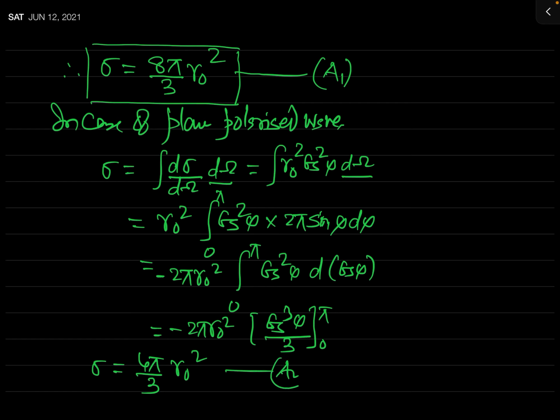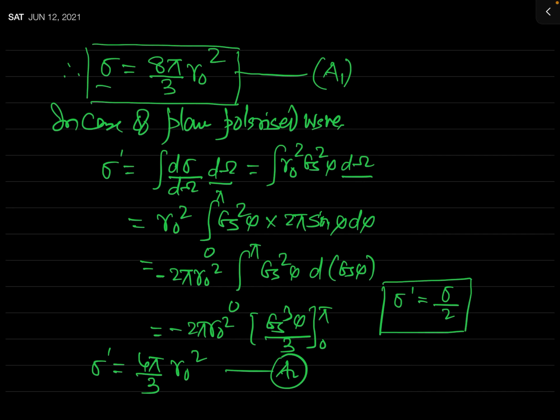So you can compare these two results. If we denote this scattering cross section by the symbol, let us say σ', to differentiate it from this σ, then you can see that σ' is simply equal to σ over 2. So in the case of the plane polarized wave, the total scattering cross section is just half of the case of the unpolarized wave.